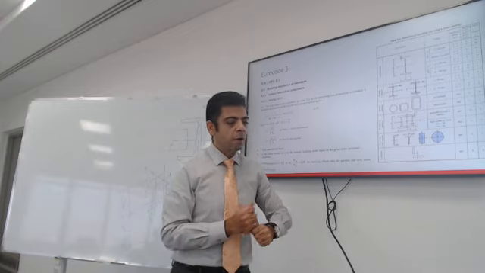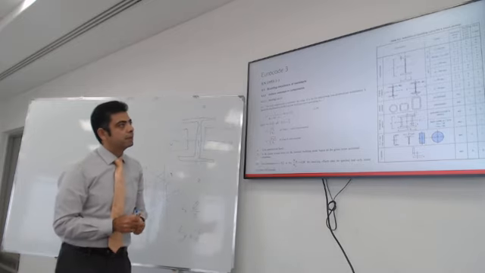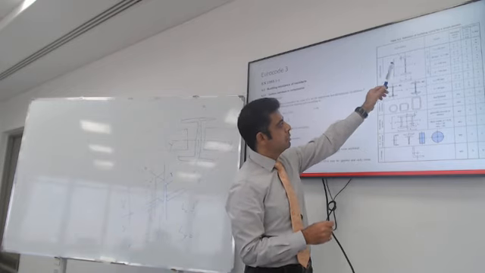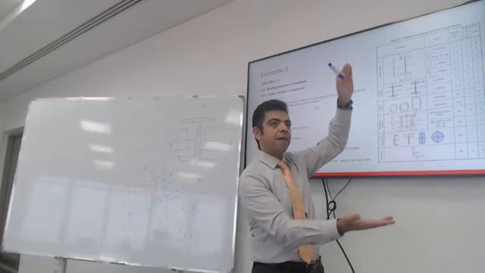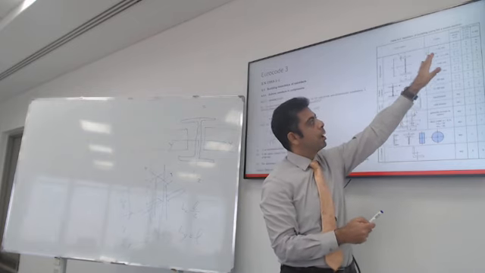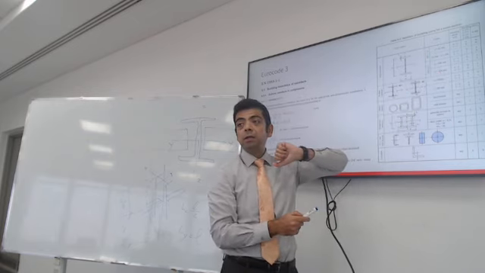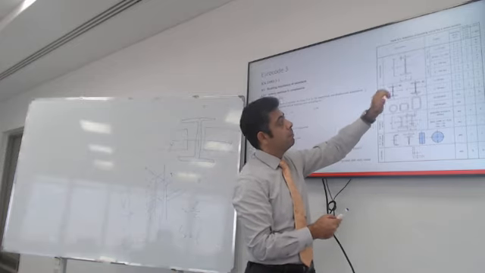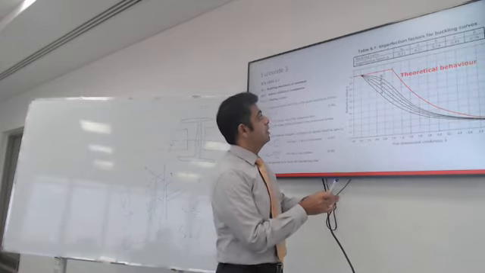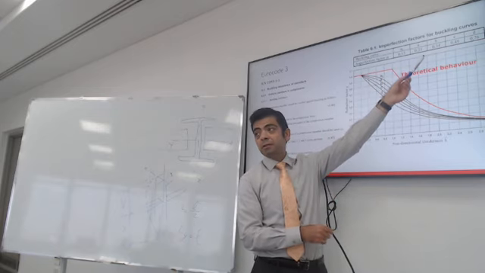All right, so where do we start? We start by choosing a section, and then depending on the height compared to the width, you see which buckling curve to use. And from the buckling curve, we get the imperfection factor.